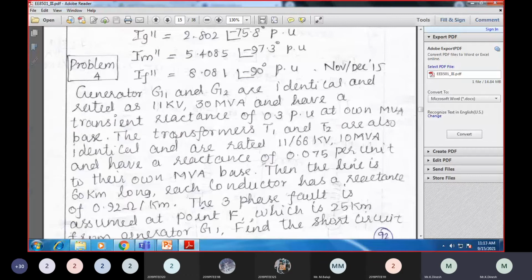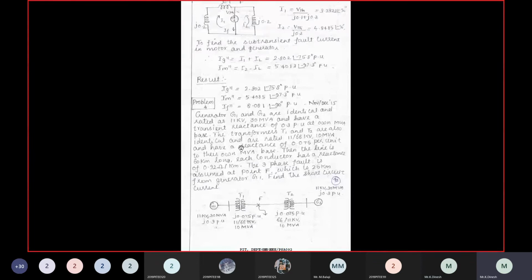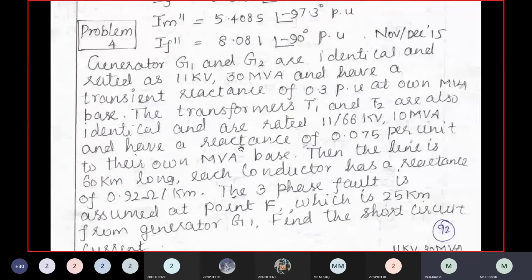Next problem. You have two generators. Hope the screen is clear to everyone. Generators G1 and G2 are identical and rated 11 kV, 30 MVA. They have a transient reactance of 0.3 per unit on a 1 MVA base.